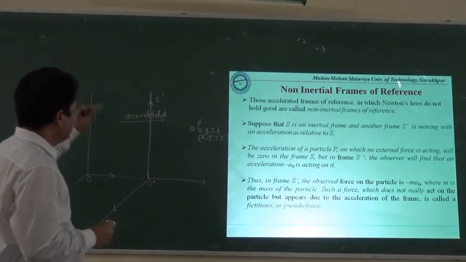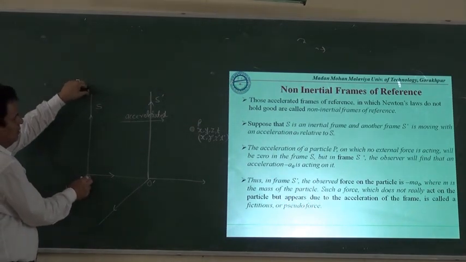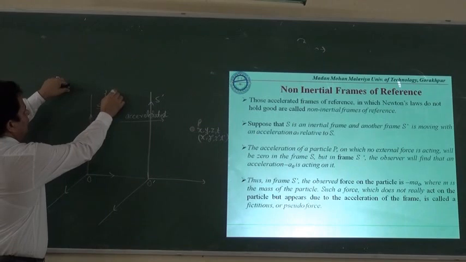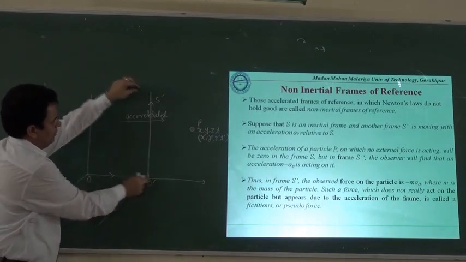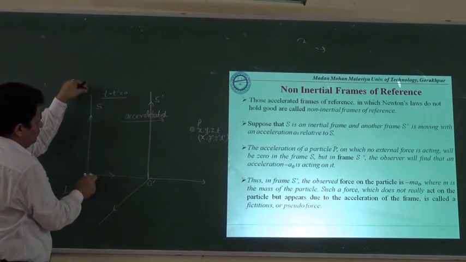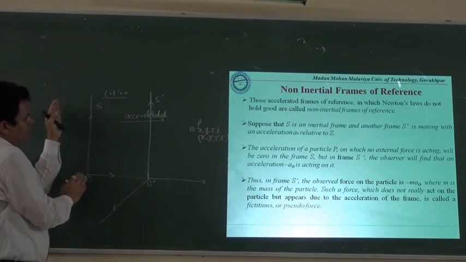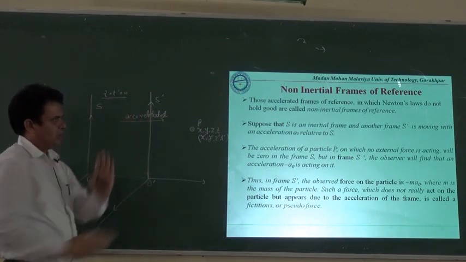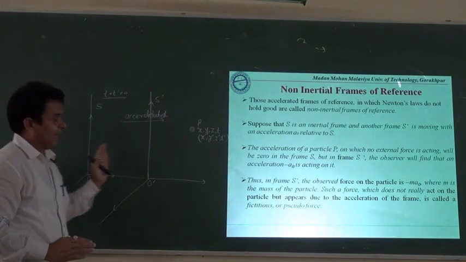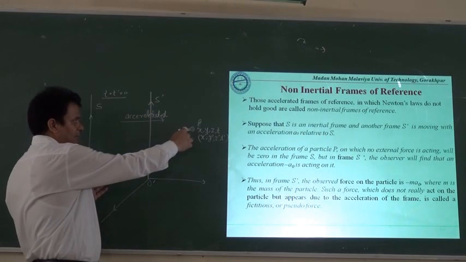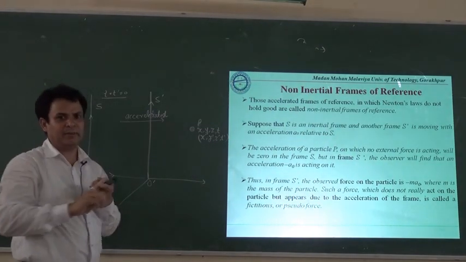What is that? This frame of reference was initially at this position when t equals t' equals 0. It was lying on this one, but when it started its journey in this direction, that journey will be accelerated. If the particle has its fixed position here, then two things can be considered.